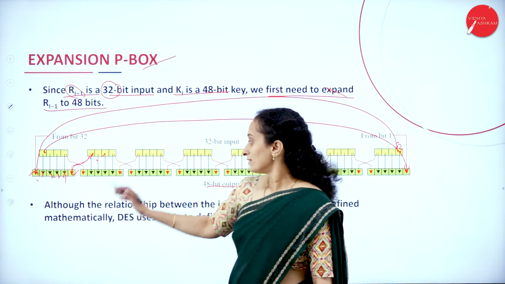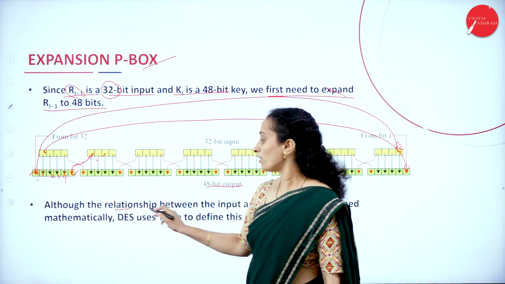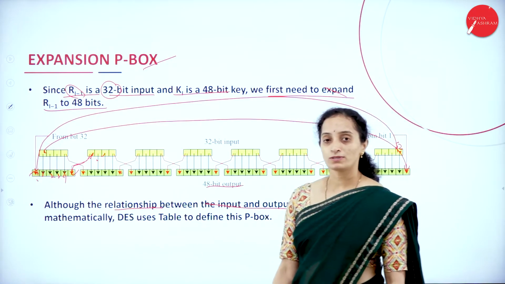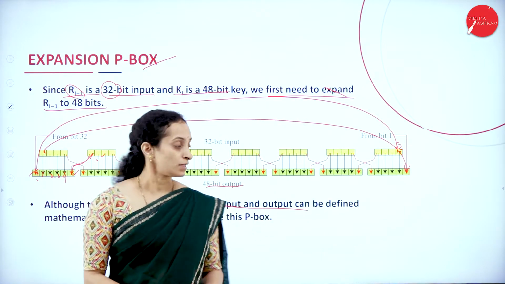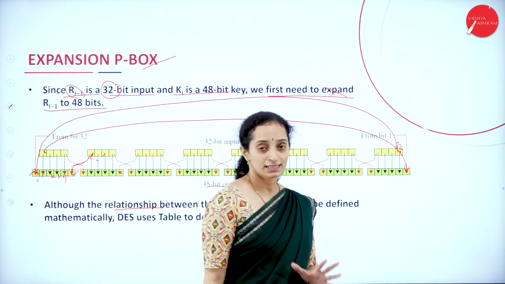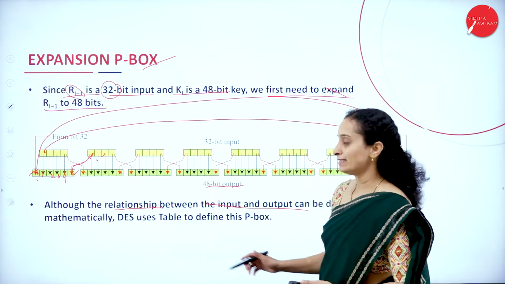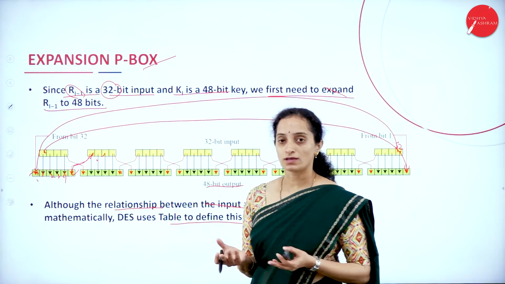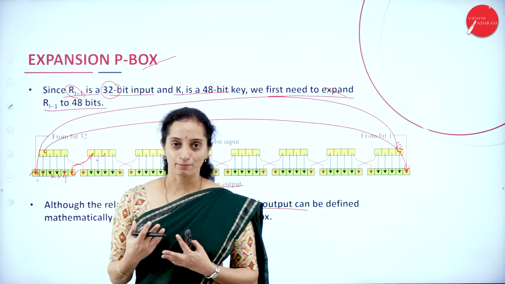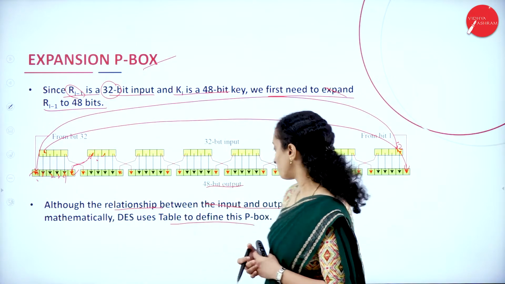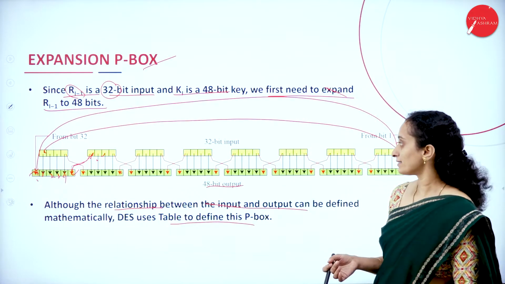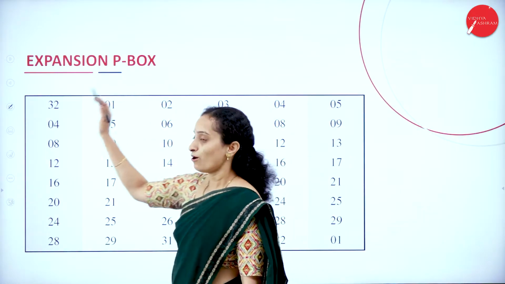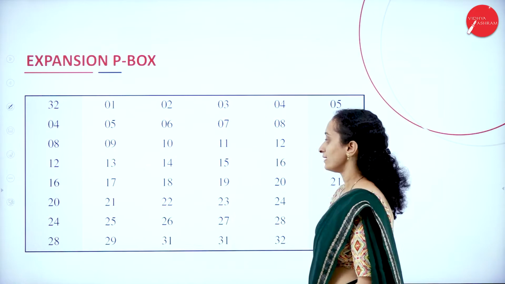Okay. Now, the next thing is to draw the relationship between the input port and the output port. This can be achieved mathematically, but using a table also we can define the input and the output ports. Alright. Here we have the tabulation of the previous diagram.